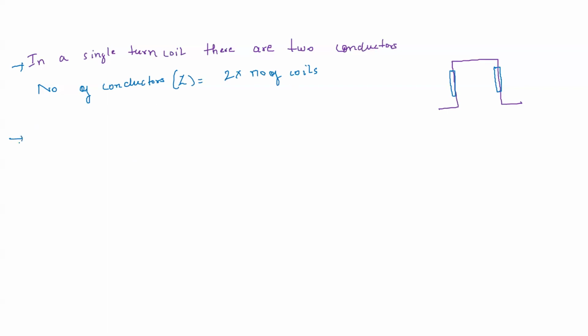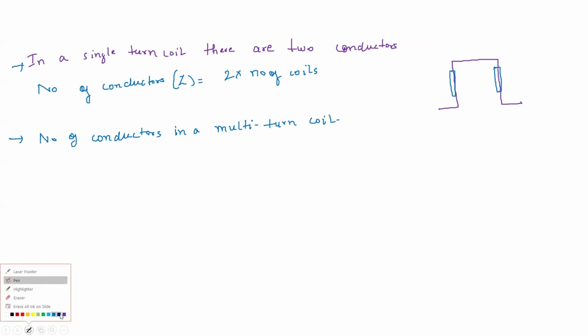Now, number of conductors in a multi-turn coil. So here you have suppose 2 turns.